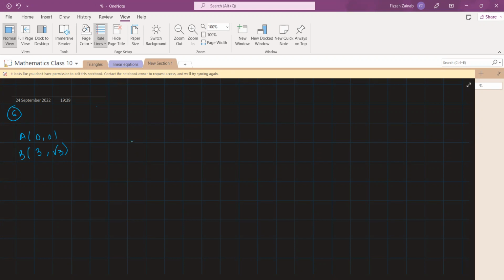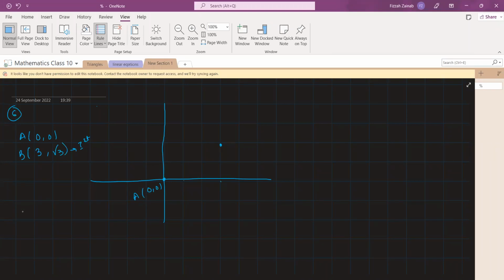If I plot it very roughly, I know that this point lies in the first quadrant, with both x and y positive. So one vertex is your 0, 0 point, this is your A point, and somewhere here is x equal to 3, and something here is your under root 3.